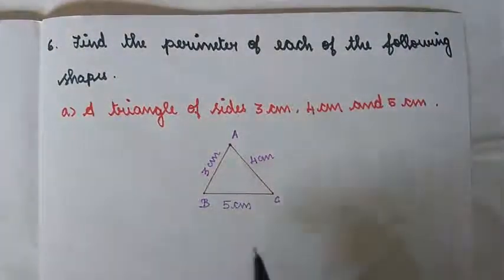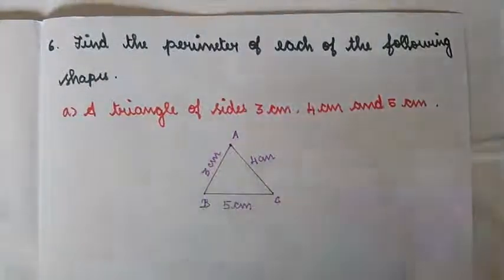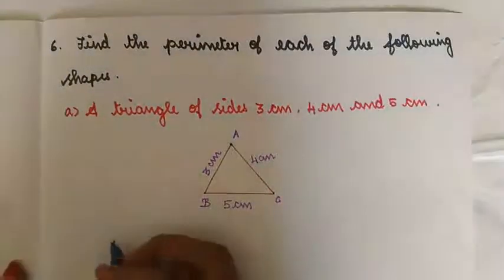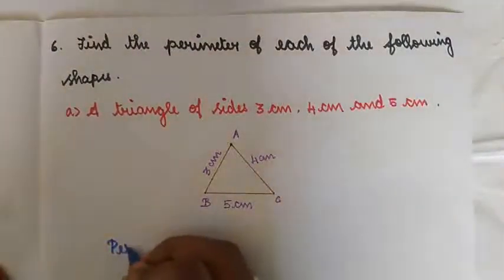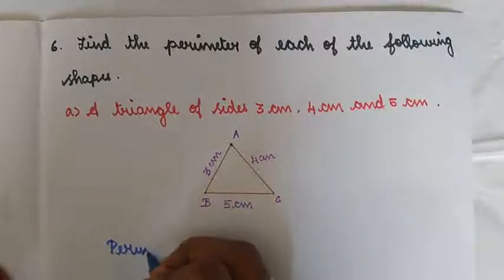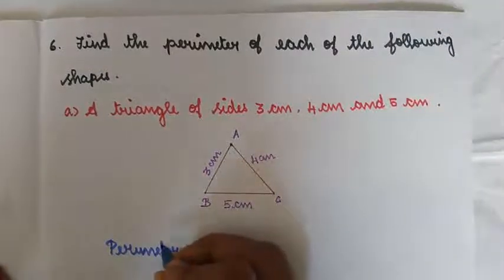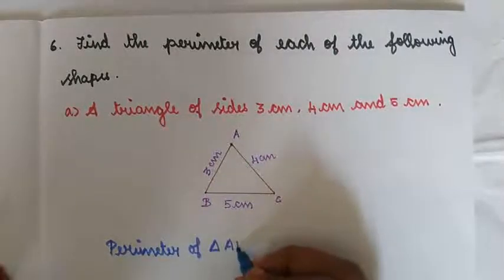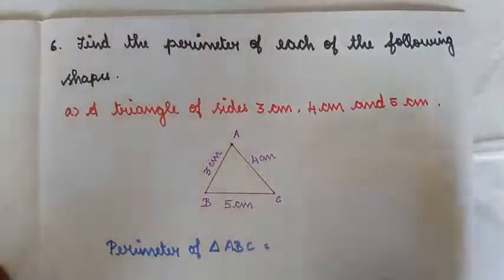So in this triangle we have to find the perimeter. So perimeter of triangle ABC equal to, what is the formula for perimeter?